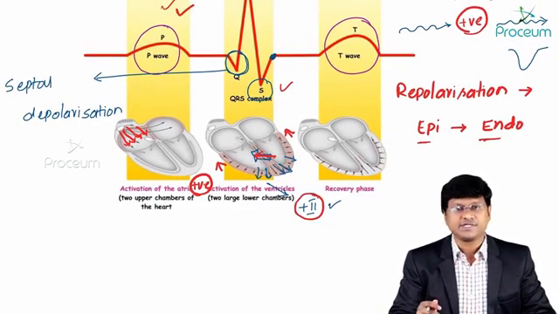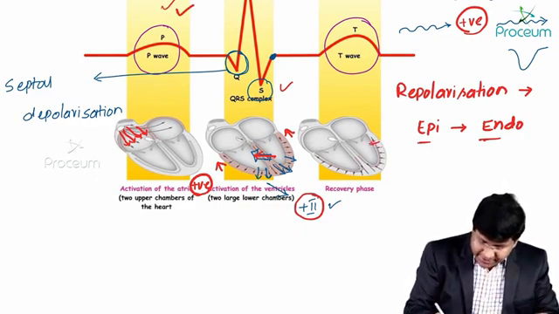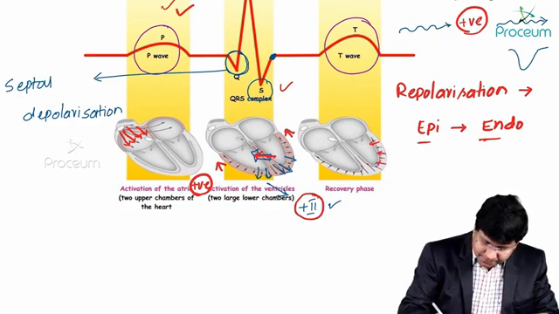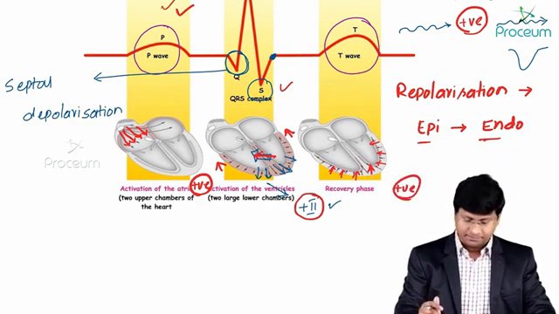So when repolarization is occurring from epicardium to endocardium, you see how it is? This will be the direction of repolarization. And this is your electrode.